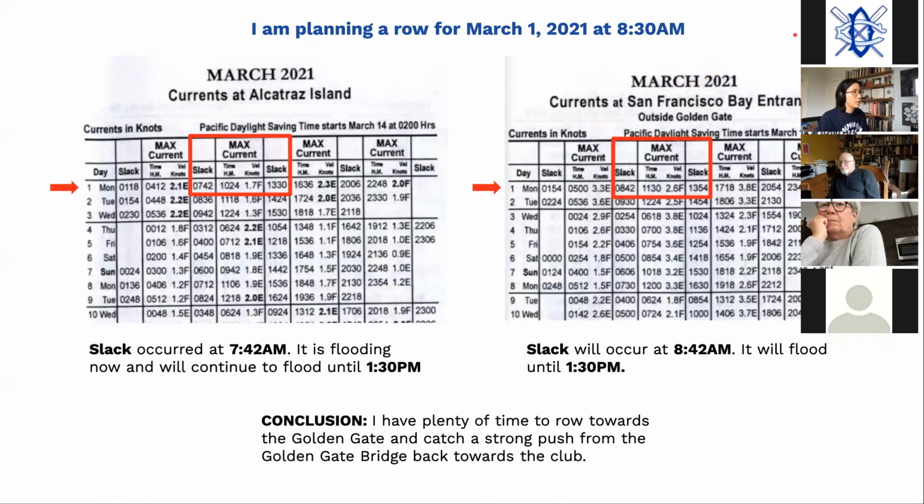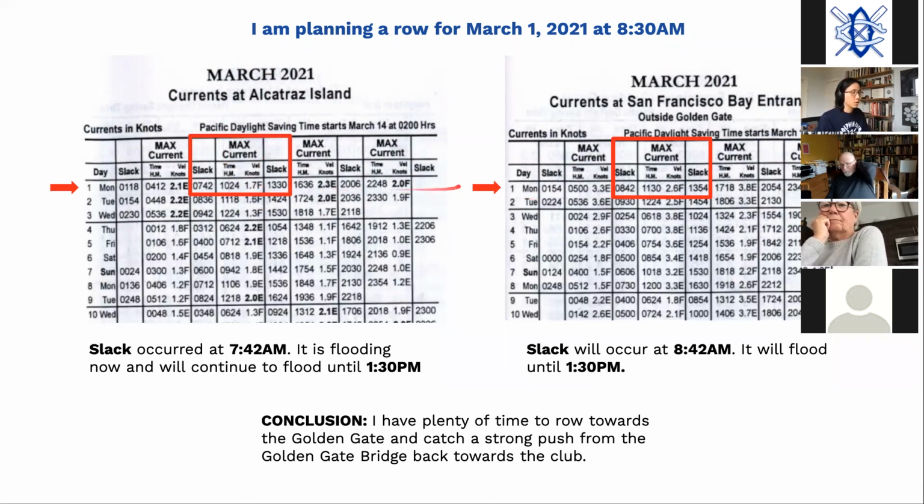So let's say I'm planning a row for March 1st at 8:30 a.m. I'm going to get to the club at 8:30. I'll open up the tide book and look at currents at Alcatraz just to see what it's doing around the club. And I'll notice slack was at 7:42, it is flooding right now, and it will flood until 1:30. So I'll be rowing into a flood pretty much the entire time.